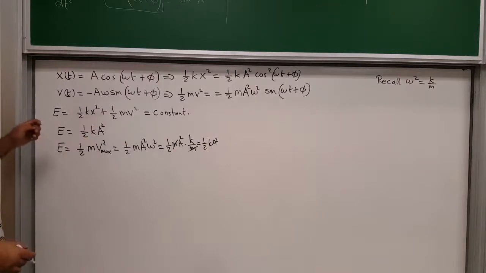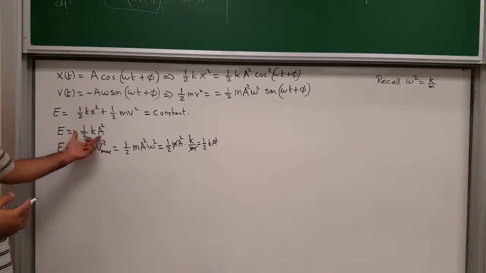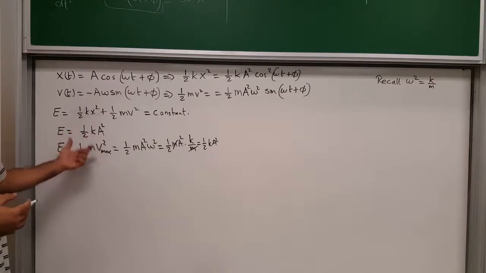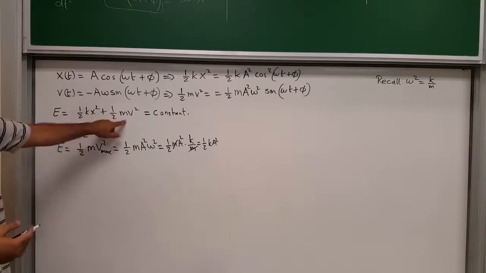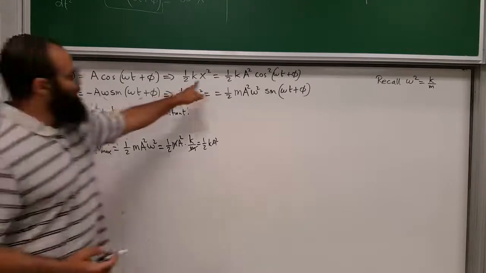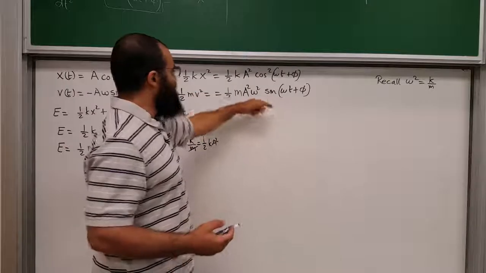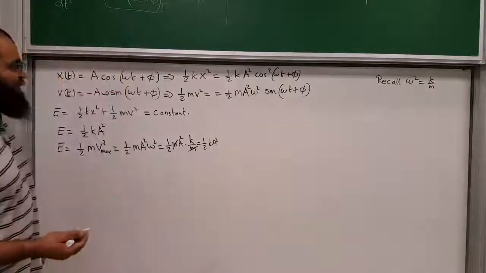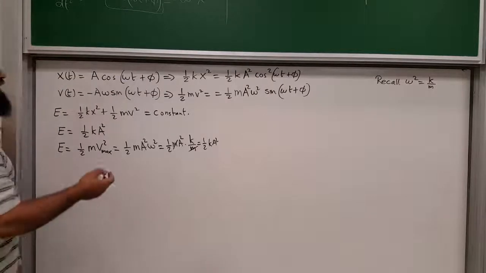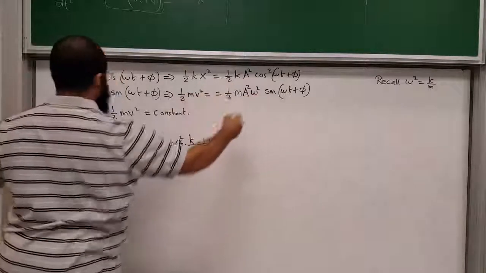But then how do I know? So the energy when the position is maximum or when the velocity is maximum, it's equal. But how do I make sure that this is always constant? How do I prove that? Because it seems like this depends on time and this depends on time, and somehow they have to add up to a constant. It turns out not to be very difficult, because let's just add them. Add this and add this to get the total energy.